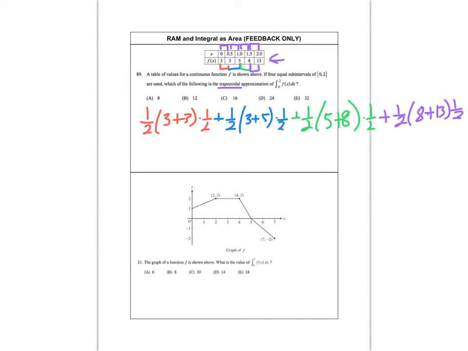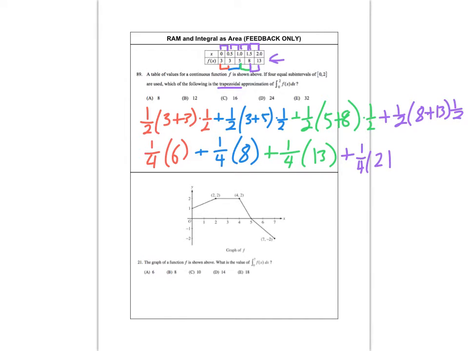You could take this as far as this and be totally happy. I'm going to multiply in each case 1/2 times 1/2 and write that as a 4th out front of all of these. So 1/4 of 6 plus 1/4 of 8 plus 1/4 of 13, and then plus 1/4 of 21. Okay.